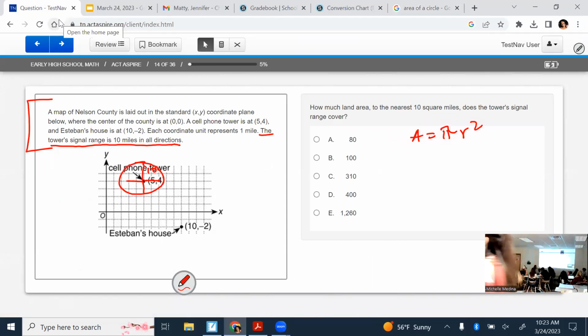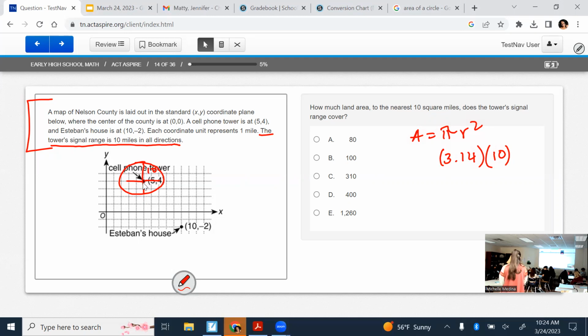If you look at your answer options, none of them have the pi in it, if that makes sense. Like it doesn't say 80 pi, 100 pi. So that means they probably use the approximation for pi, which is what? Okay, good. So put that in there. The radius is what? 10, because it goes 10 miles in all directions.